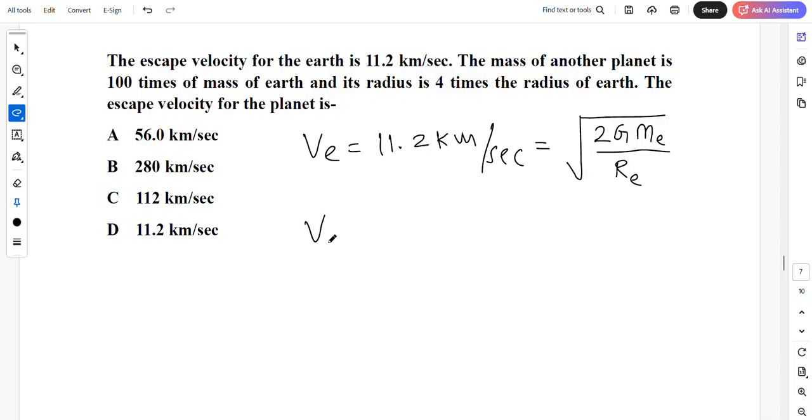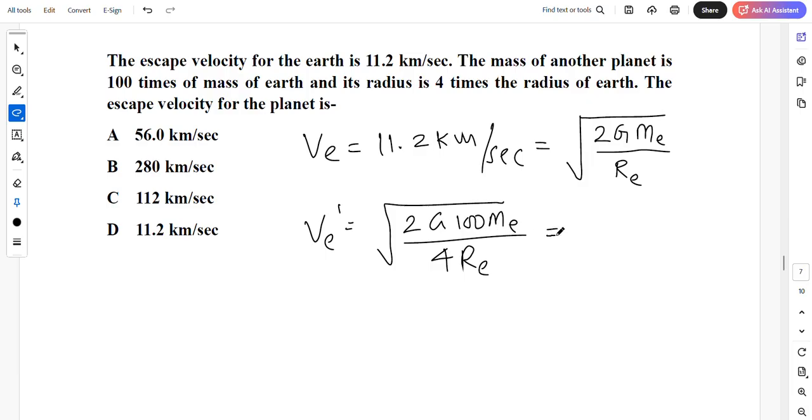Now VE dash is equal to square root of 2 into G, mass is 100 times, 100 into Me, radius is 4 times, divided by 4 into Re.